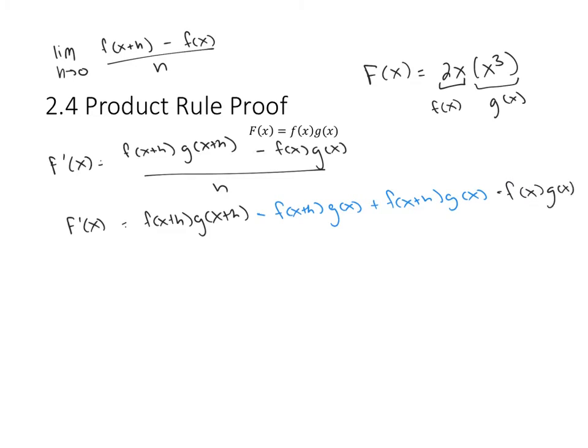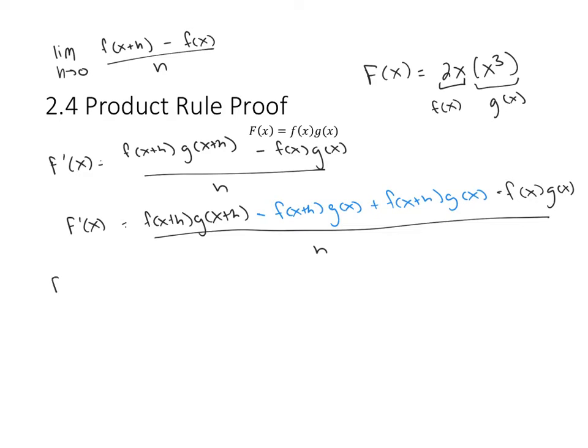So here what I've done is subtracted and added the same thing. So if I add 5 and subtract 5, it cancels out. So these terms would cancel, but I'm doing this specifically because I'm going to be using it in a minute. And this whole thing is over h.